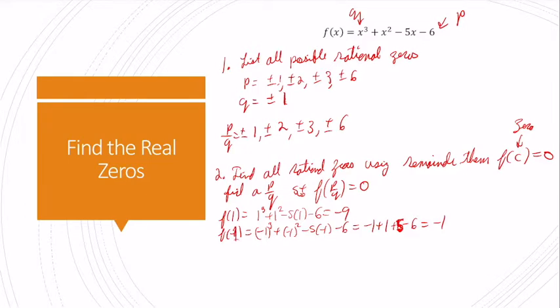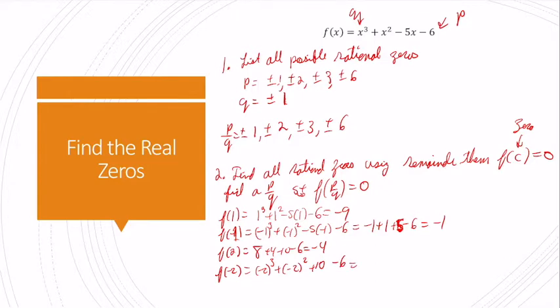Let's go ahead and check f of 2. Well, f of 2 gives us 8 plus 4 minus 10 minus 6, which is a negative 4. But f of negative 2 might be our answer. Negative 2 cubed plus negative 2 squared plus 10 minus 6.